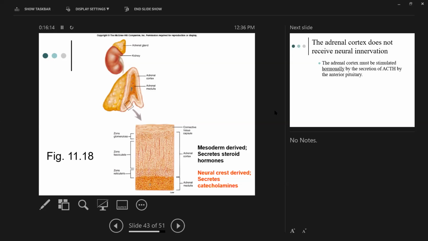That'd be one way to tell whether your tumor is in the pituitary or in the adrenal cortex. And that is called an ACTH response test that you can do to determine where the problem is in terms of endocrinology.